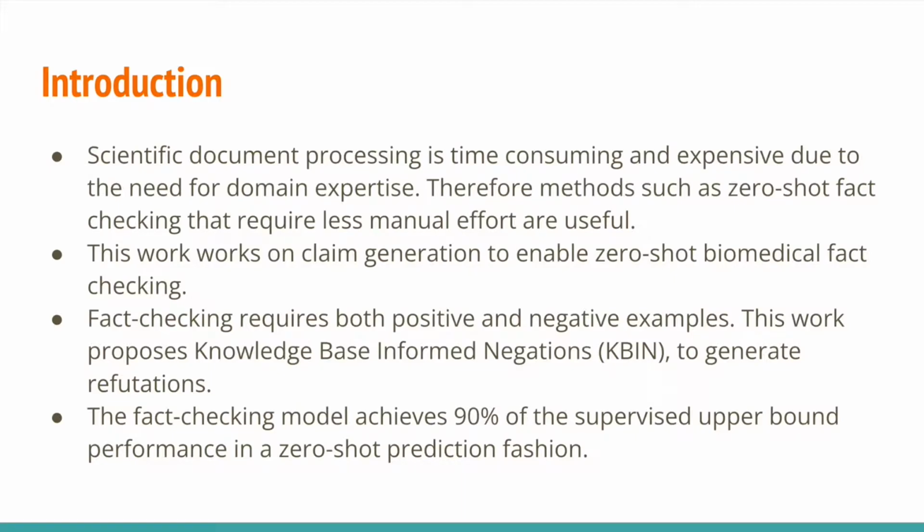So this work proposes knowledge-based informed negations, or KBIN, a novel approach to generate refutations. For the result, the fact-checking model achieves 90% of the supervised upper bound performance in a zero-shot prediction fashion, which is amazing.